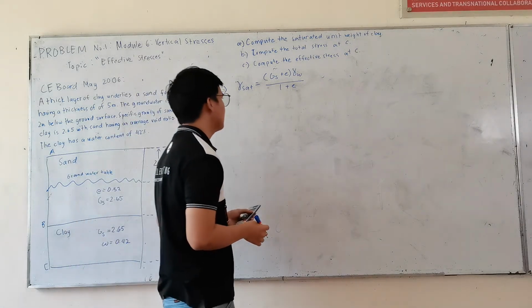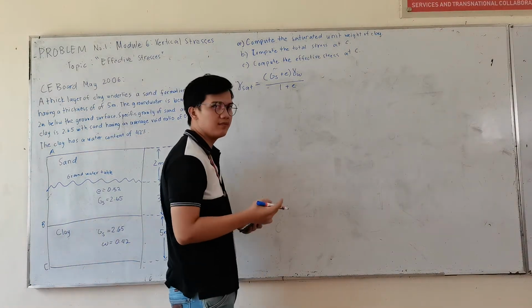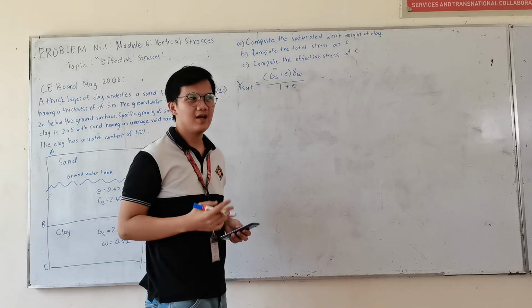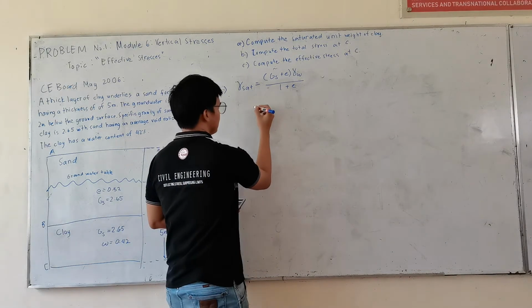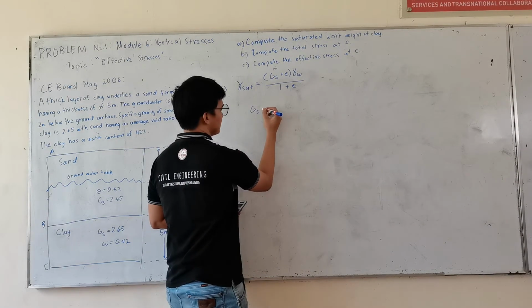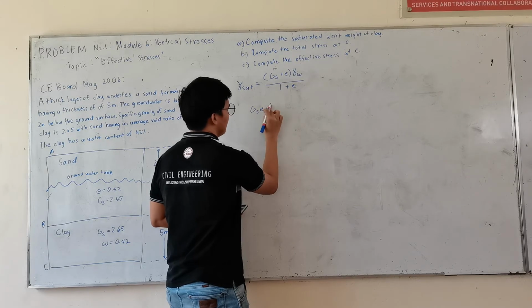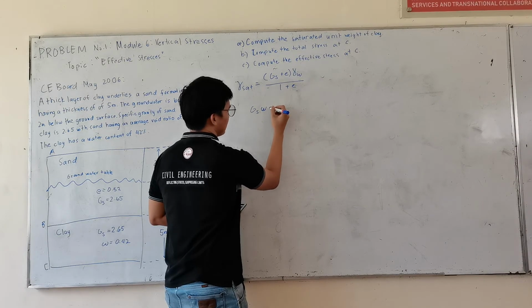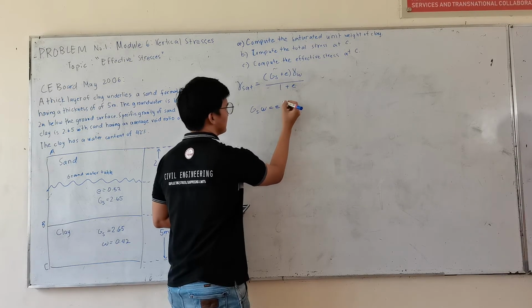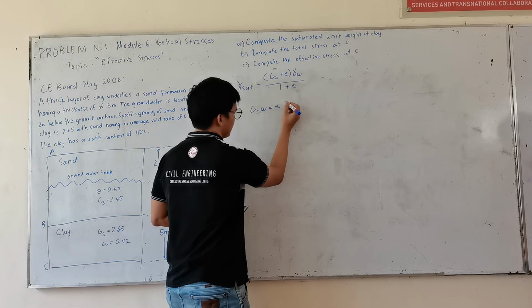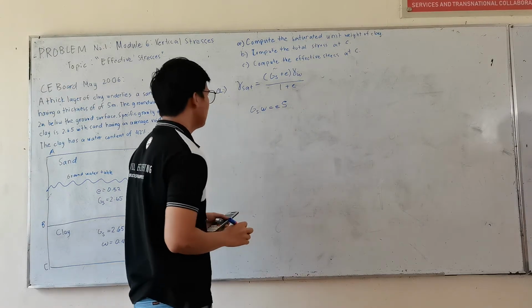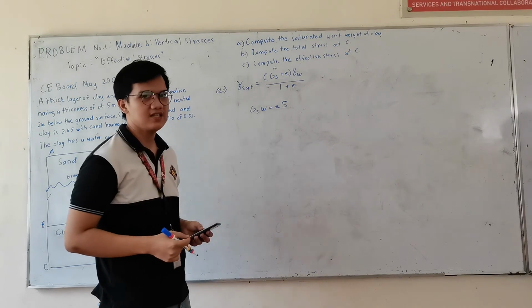So hahanapin muna natin yung void ratio, which is yung derived formula niya is yung tinatawag natin na W S E, which is specific gravity times moisture content is equals to void ratio times degree of saturation. So given po ang tatlo natin, ang hinahanap is void ratio.